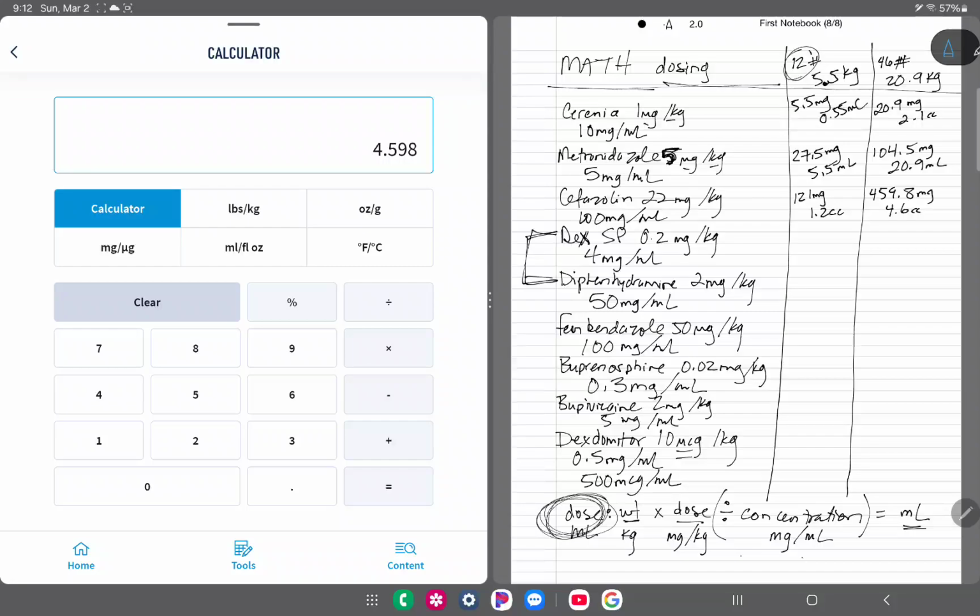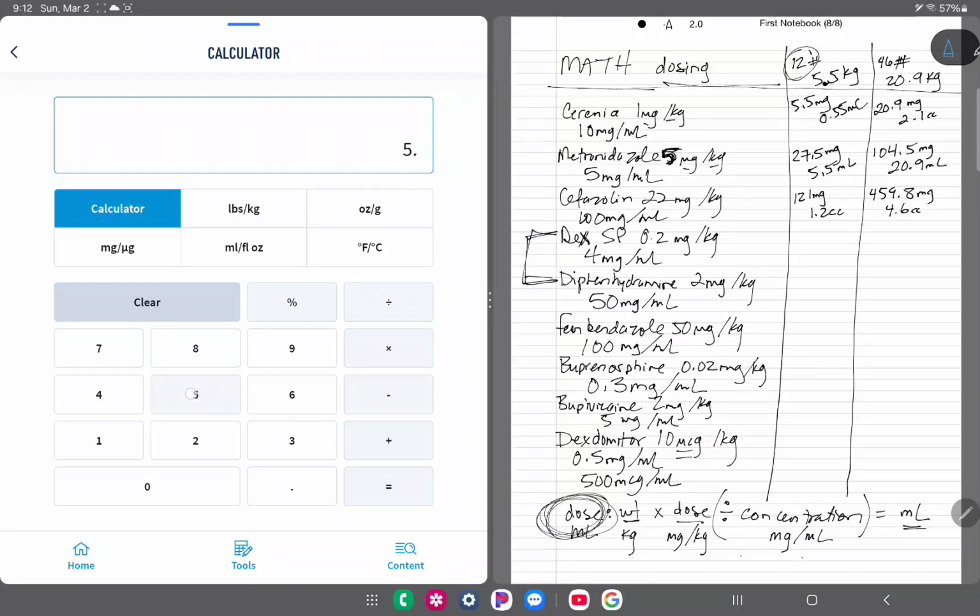Next drugs, Dex SP and diphenhydramine. We work with these a lot for anybody who's had vaccine reactions in the past or anybody that comes in emergently needing Dex SP and diphenhydramine for a bee sting or a hornet sting or something of that nature.